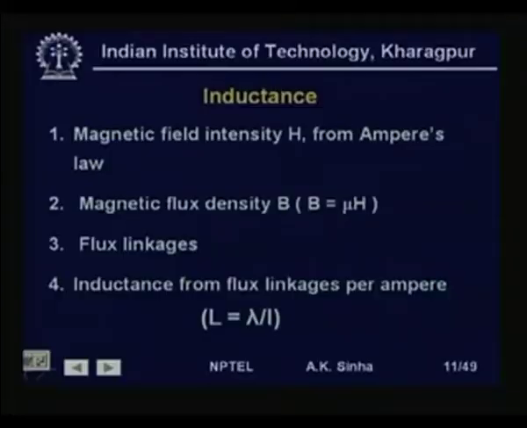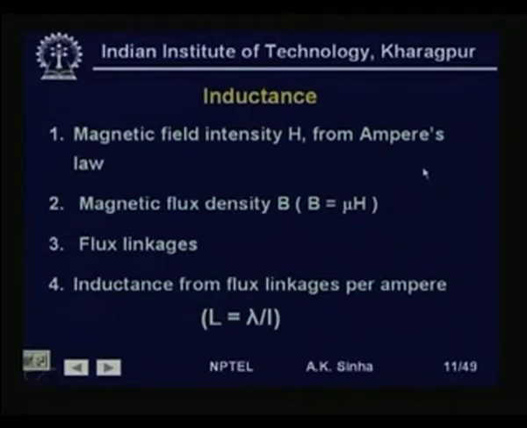Next, we will talk about the inductance. We had seen that we can calculate the inductance of an overhead conductor using the following steps. First, we calculate the magnetic field intensity H using Ampere's law.